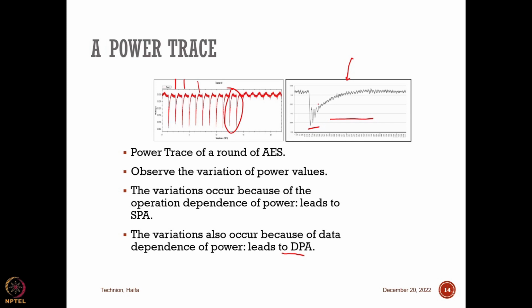If you know how AES works, the first part in a round of AES is the S-boxes, which I will talk about a little in my discussion. So this part typically corresponds to the S-boxes, and these parts correspond to some other operations. You can very distinctly observe the differences and see the sub-operations as well.